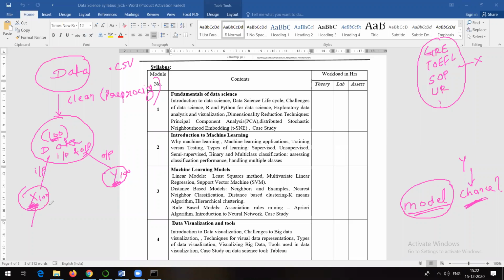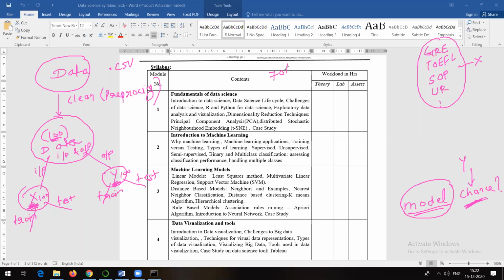Now this input we are going to divide into different parts, and this output also we are going to divide. We are going to divide the input into training and testing, and the same is the case for training and testing of the output.